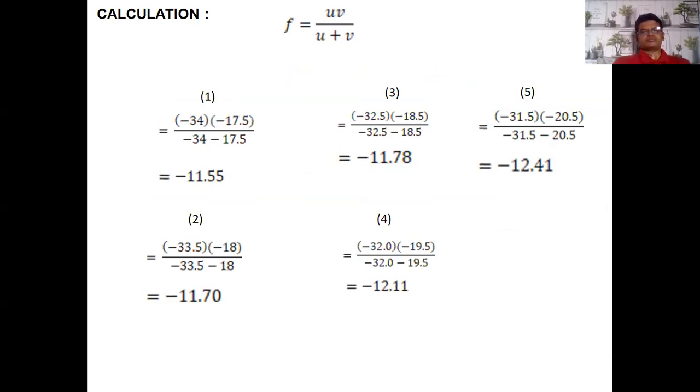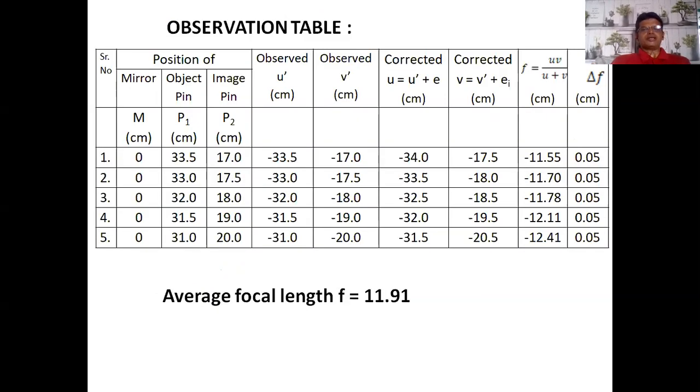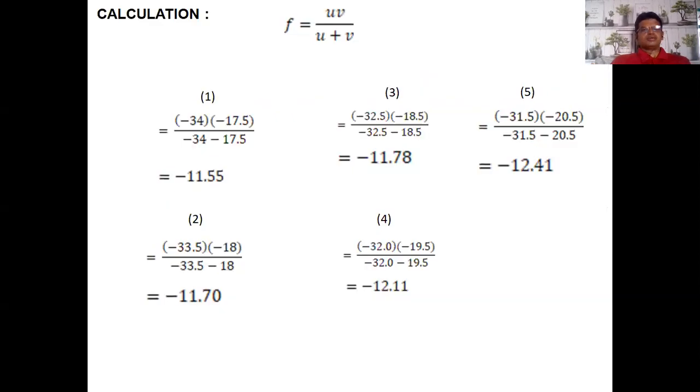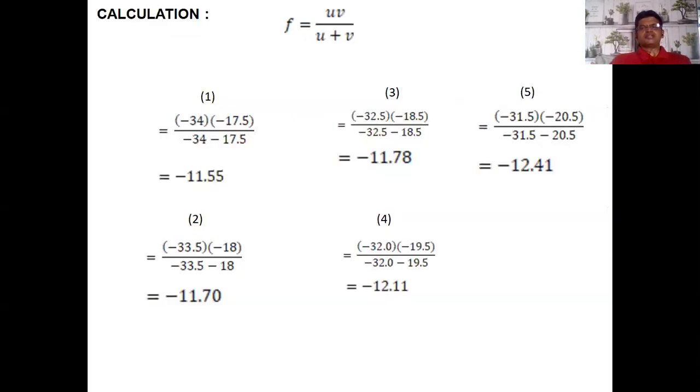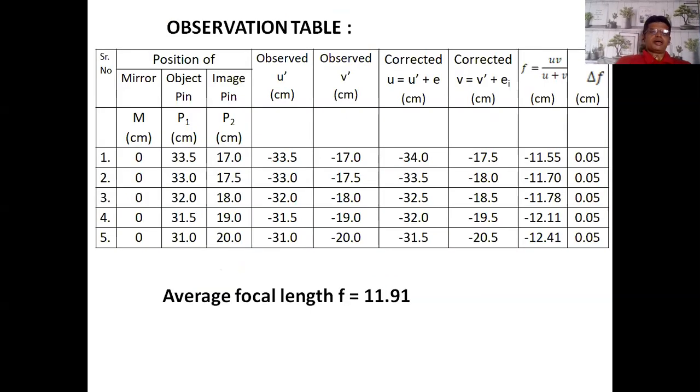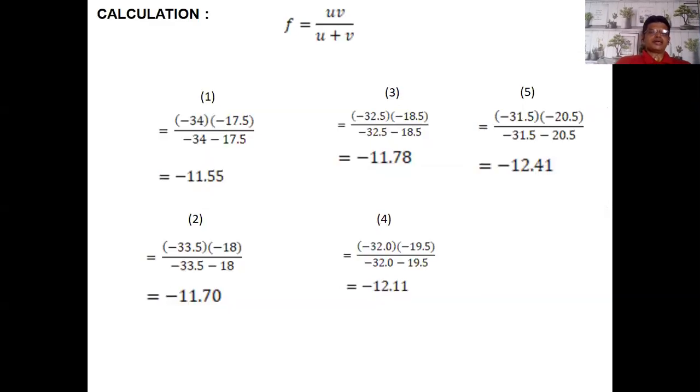First we solve the first value of U, minus 34 as per the table, and V, minus 17.5. After the calculation we found the value minus 11.55. Then we solve the second as per the table: minus 33.5 and 18. So we found the value minus 11.70.